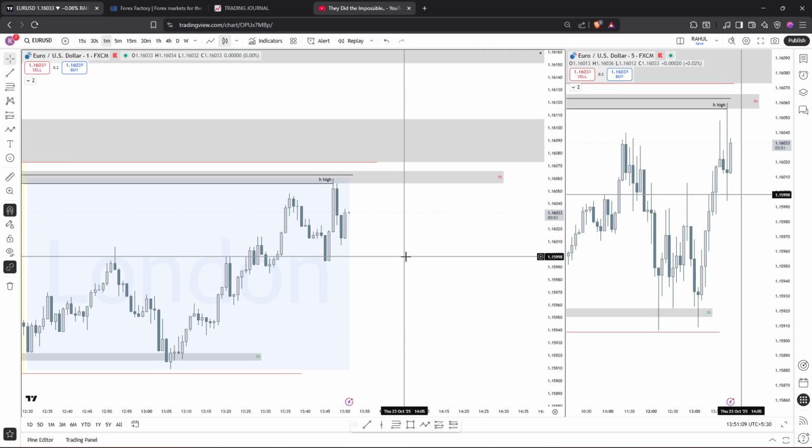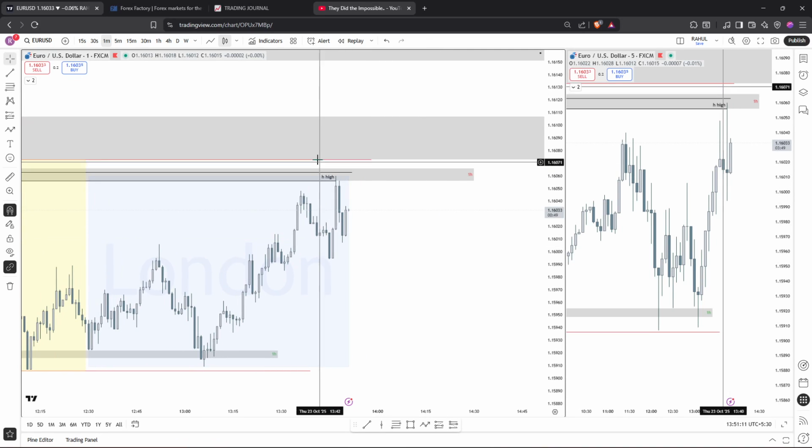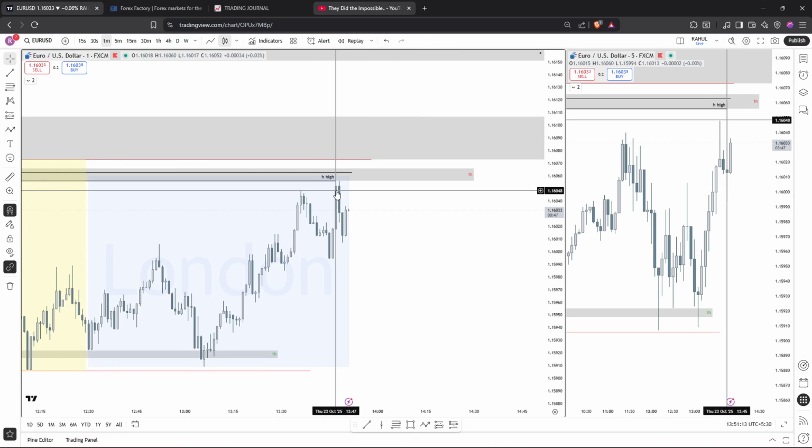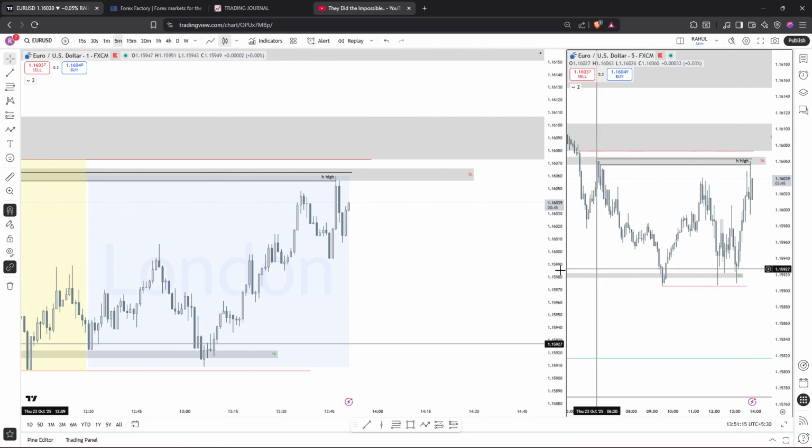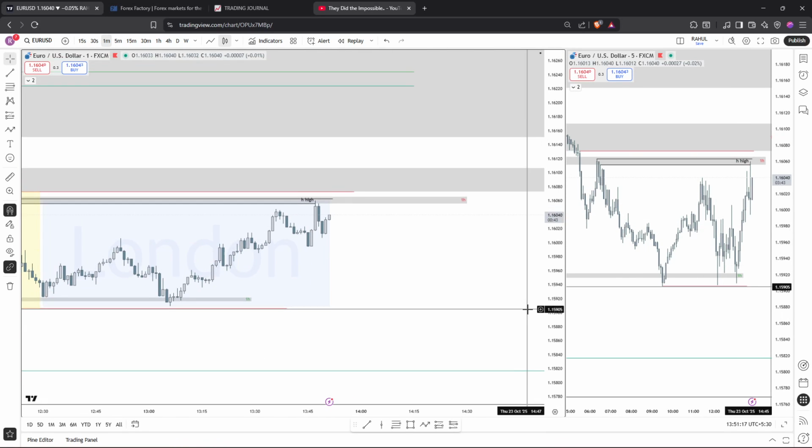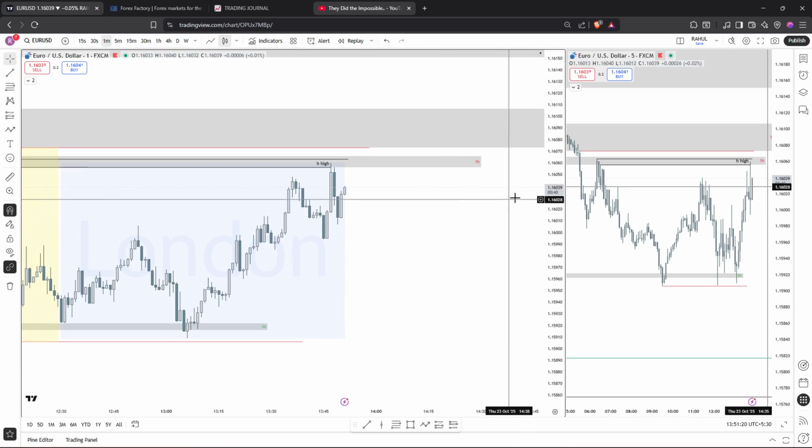So let's see what happens. I'll update the trade as it goes on. So the hourly high swept. Let it keep running.